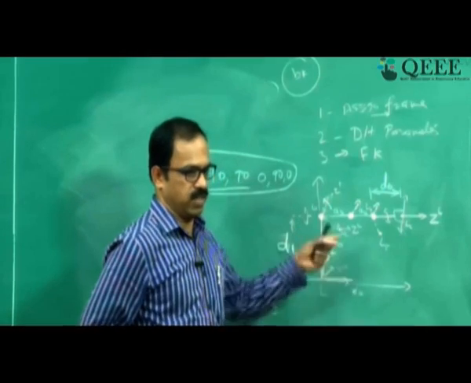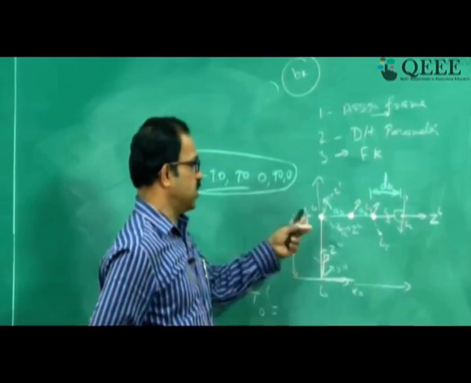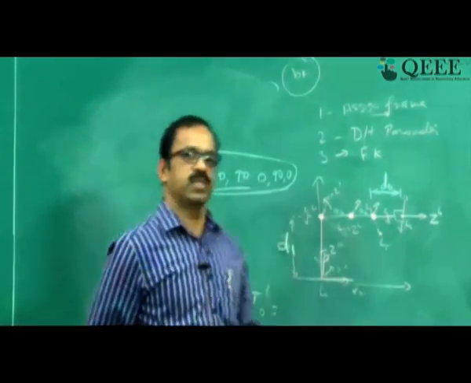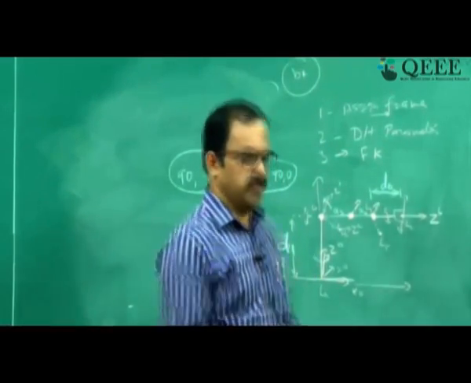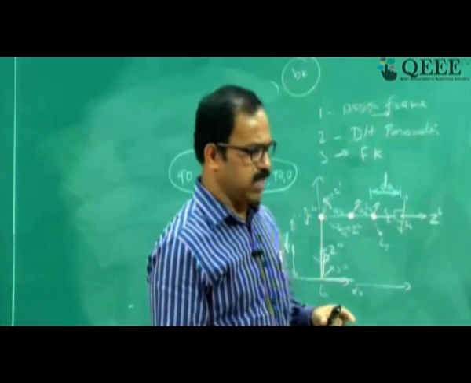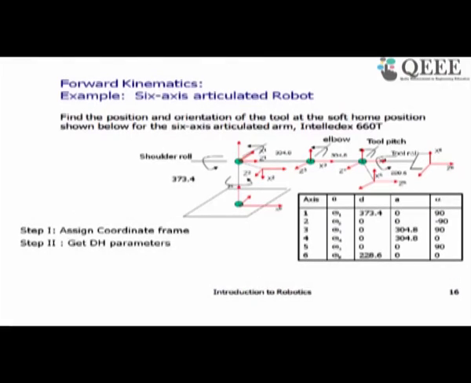Then AK, as I told you, and theta, all the thetas are variables. So theta 1 to theta 6 are variable. So we'll put it as theta, all the thetas variable, and then get all the other DH parameters. So once you get the DH parameters, next one is to get the arm matrix.